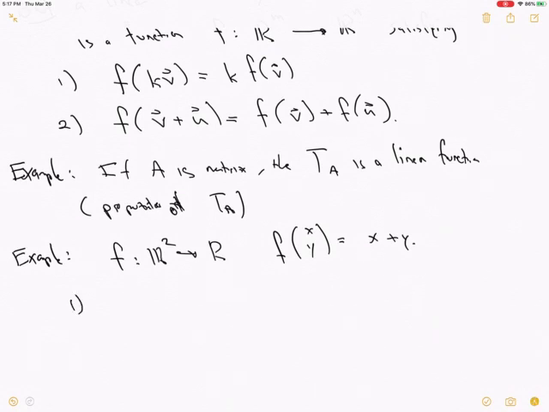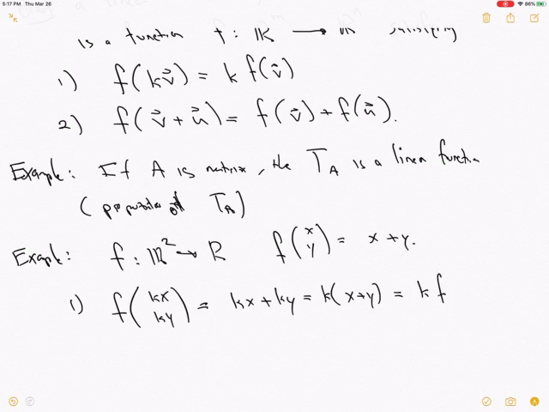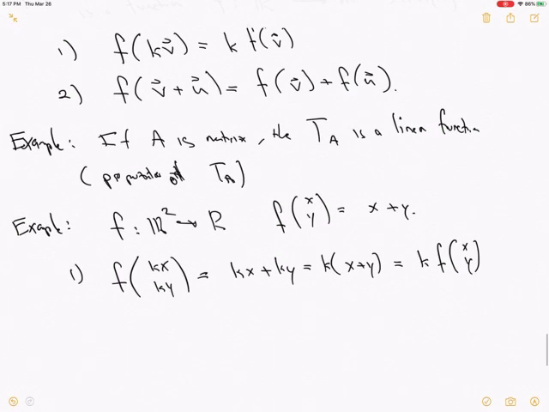If you scale that vector by some number k, you multiply all the entries in it. Now the function says you add the first entry and the second entry. Because we have the distributive property, we can pull out the k, and this is the same thing as k times f of (x, y). So it satisfies this property that we can pull out these k's, so that's good.